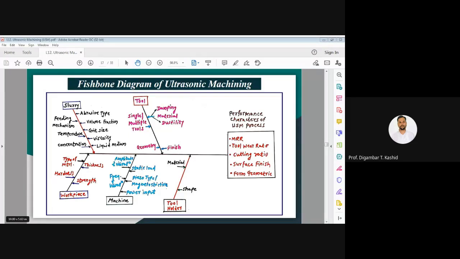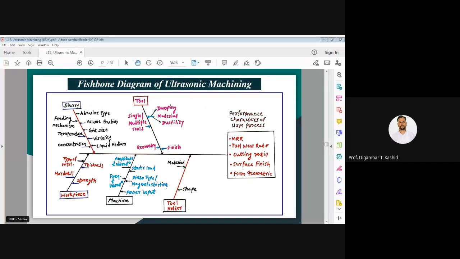Now you can see in this diagram I have shown that there are various parameters which affect the performance of the ultrasonic process, that is the USM process. We can also call these parameters responses, with the help of which you can evaluate the performance of ultrasonic machining. Which are the parameters through which we can evaluate the performance?